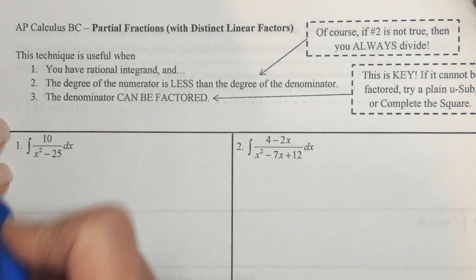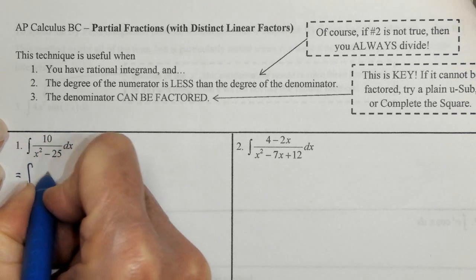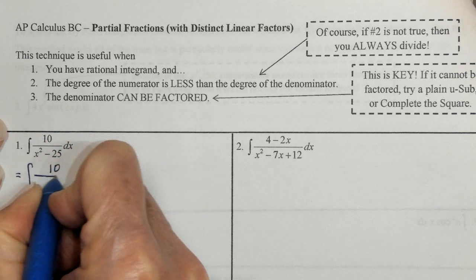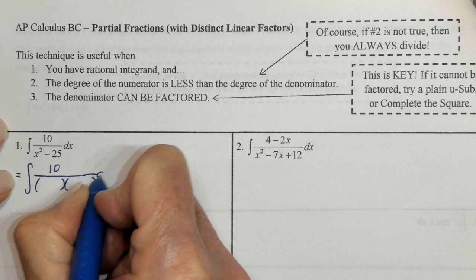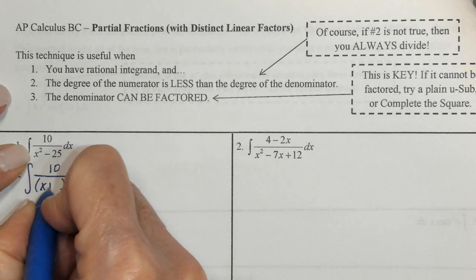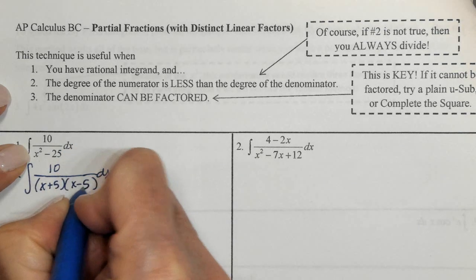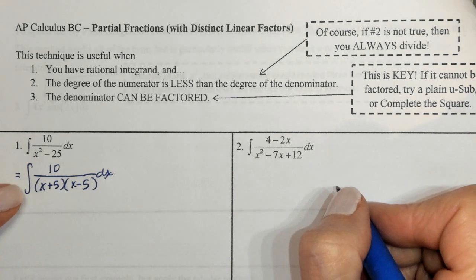All right, so for number 1 here, the first thing I'm going to do is to rewrite this in factored form. So we're going to use the Algebra 1 technique of factoring this denominator. So x plus 5, x minus 5, or x minus 5, x plus 5, right? Great.